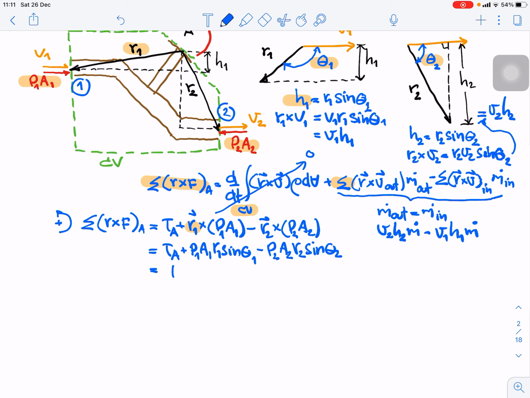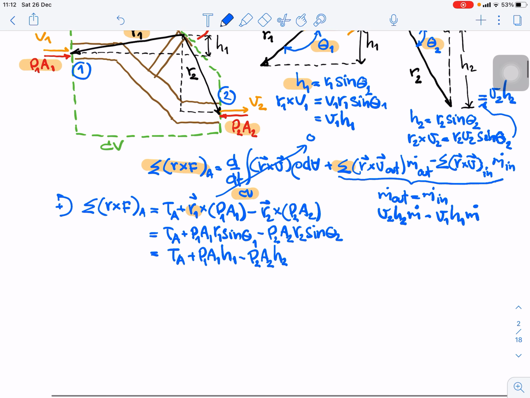We can substitute R sine theta1 equal to H1, and for P2A2, R sine theta2 is equal to H2.